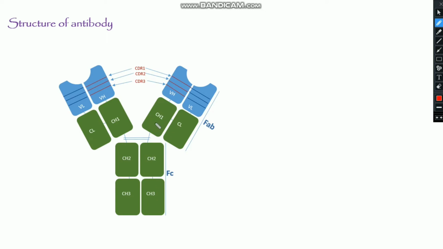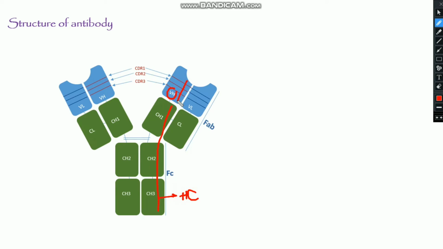CH means heavy chain constant part, and there is also the heavy chain variable part, which always changes. VH represents the heavy chain variable part.